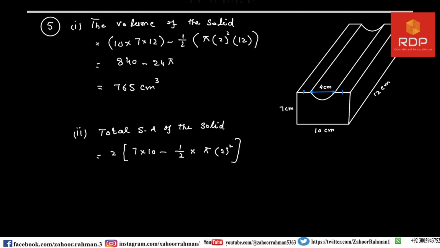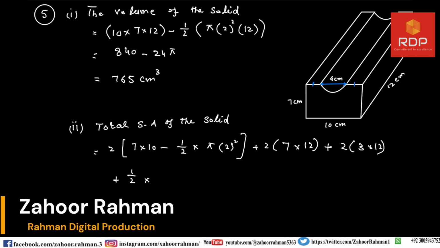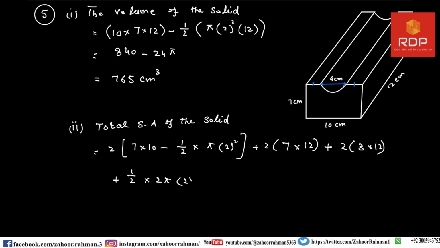That is the area of the circle, you can say. And then we have to add 2 into 7 into 12 plus 2 into 3 into 12, and plus 1 over 2 into 2 pi into 2 into 12 plus 10 into 12.